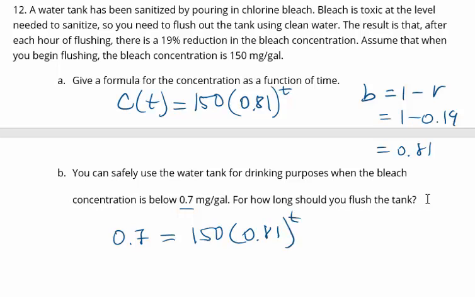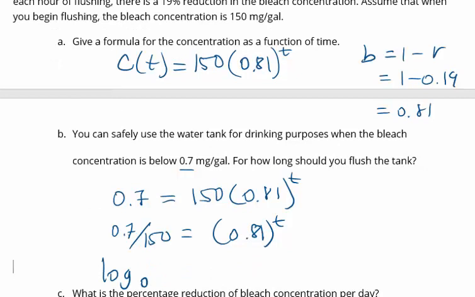And we're going to solve for T. So by hand, I would isolate the power. So I would get 0.7 over 150 is equal to 0.81 to the T, and then use a logarithm. So log base 0.81 of 0.7 over 150 is equal to T.